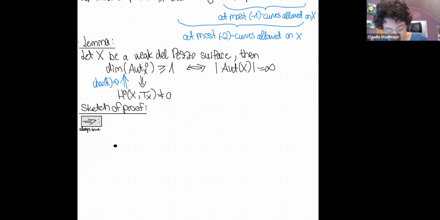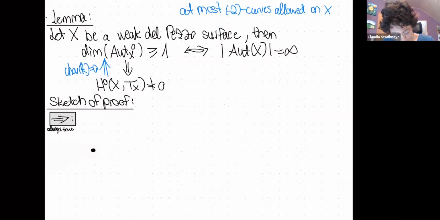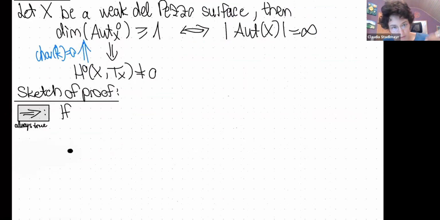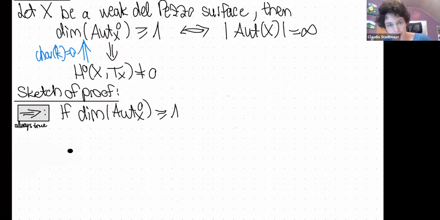Okay, so let's have a look at the proof of this implication. This is always true, so we don't even need weak del Pezzo surfaces particularly. So by assumption we start with the left-hand side, the dimension of Aut X^0 is positive.